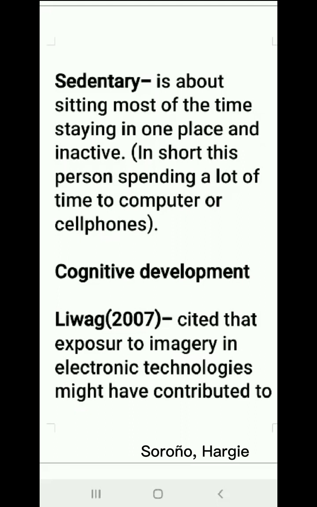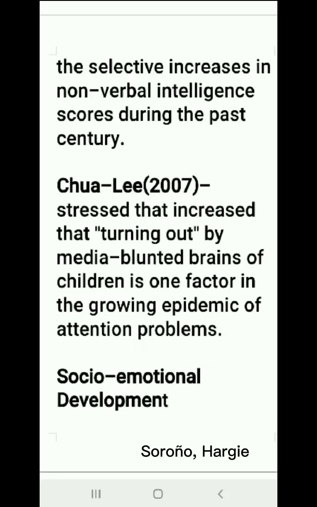Cognitive development. Liwag 2007 cited that exposure to imagery in electronic technology might have contributed to the selective increases in non-verbal intelligence scores during the past century.